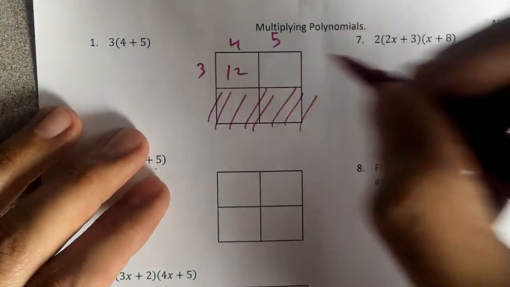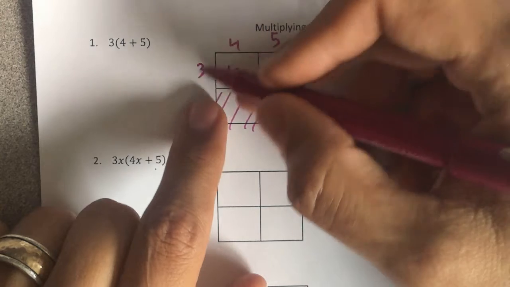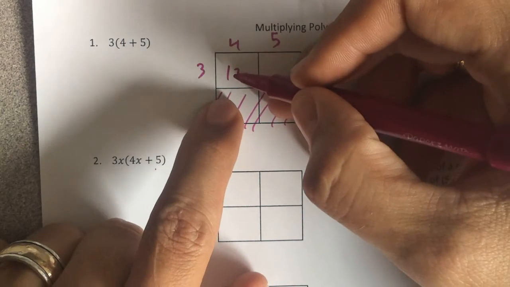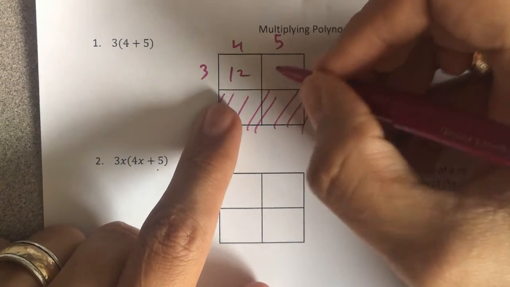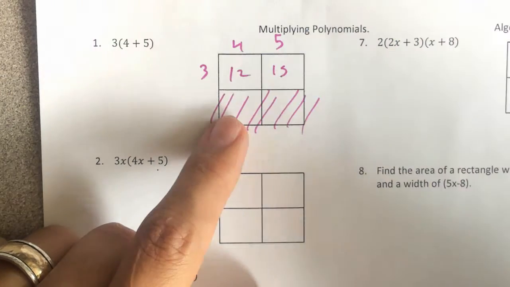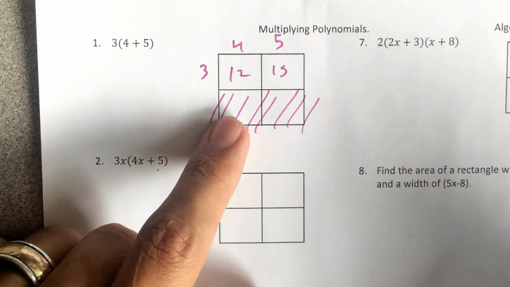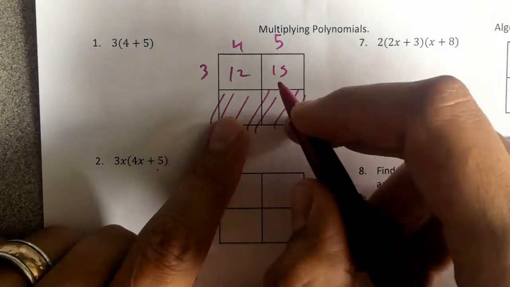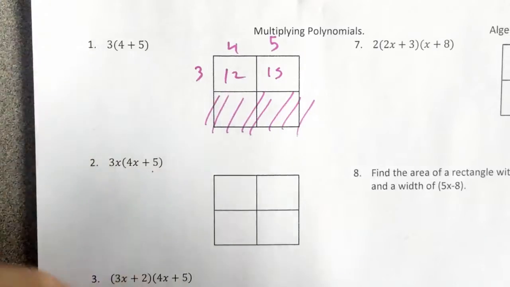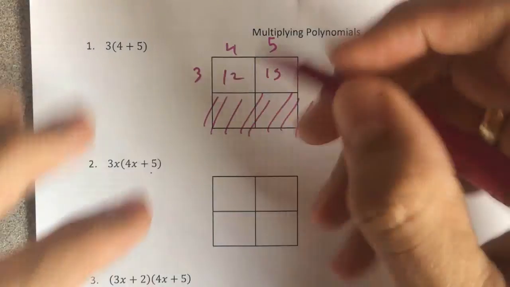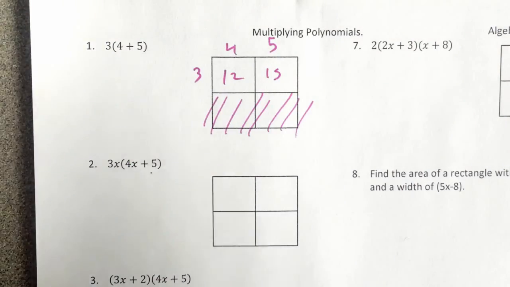12, and 5, that's these two right here. 3 times 4 is 12, and then in here 3 times 5 is 15. That's the multiplying. We're now done multiplying. What we're going to do inside is add all of this up.